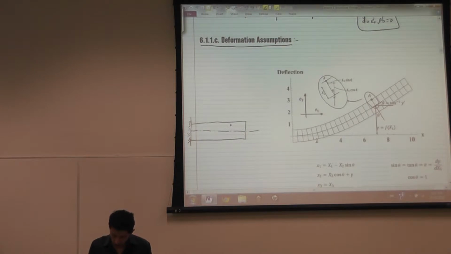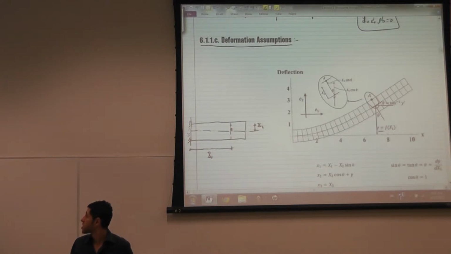This point has coordinates x2 and x1. The assumption is that if this is the plane that's perpendicular to the neutral axis, the neutral axis has moved y, which is a function of x1. It's a smooth function that describes the movement of the neutral axis of the beam.